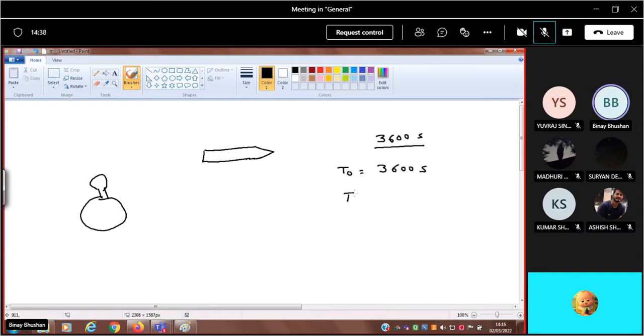And we have this moving time, which is equal to 3601 seconds. So what is the speed of the spacecraft? This spacecraft is moving with velocity v. So your time dilation formula is T equal to T naught over the square root of 1 minus v square by c square.